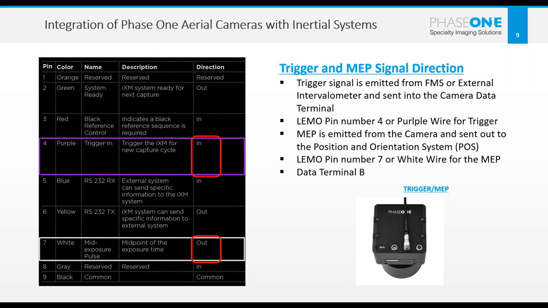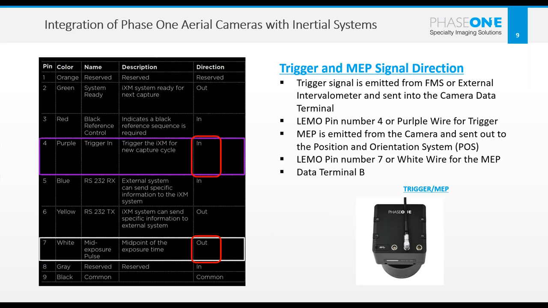The mid-exposure pulse is returned to the POS system through the white wire, or pin 7. So it's a very simple workflow coming from the flight management system and returning not to the flight management system, but to the POS.